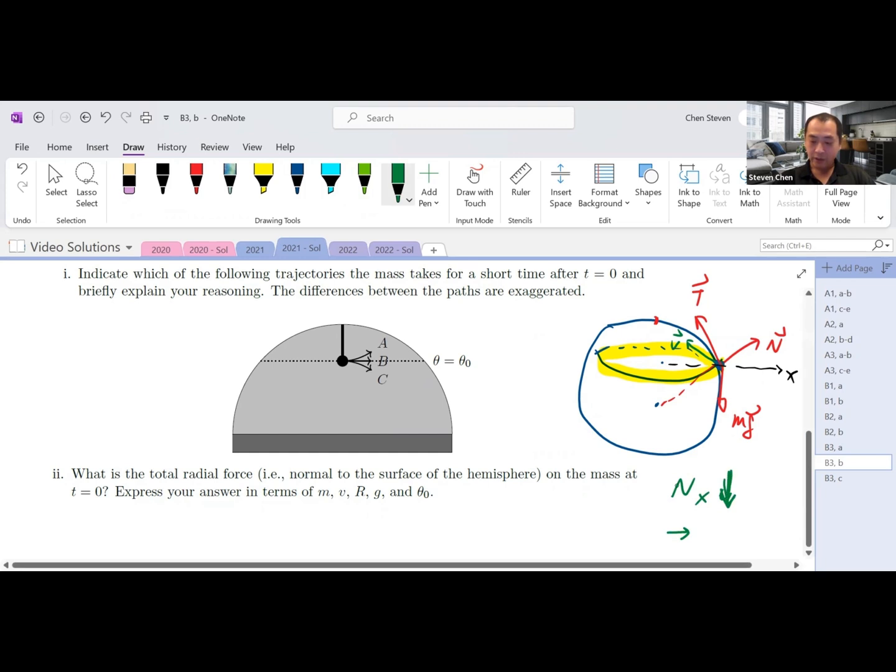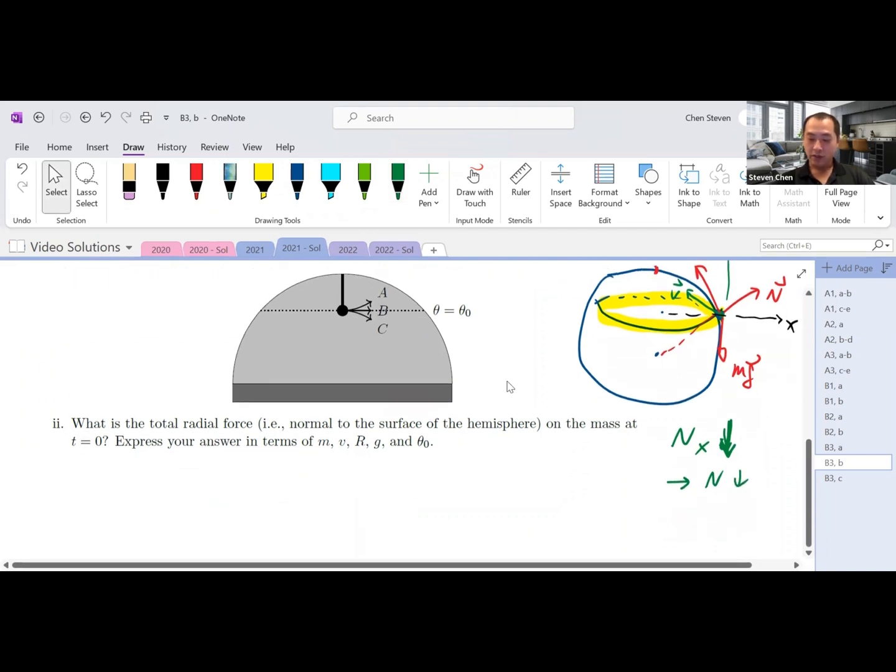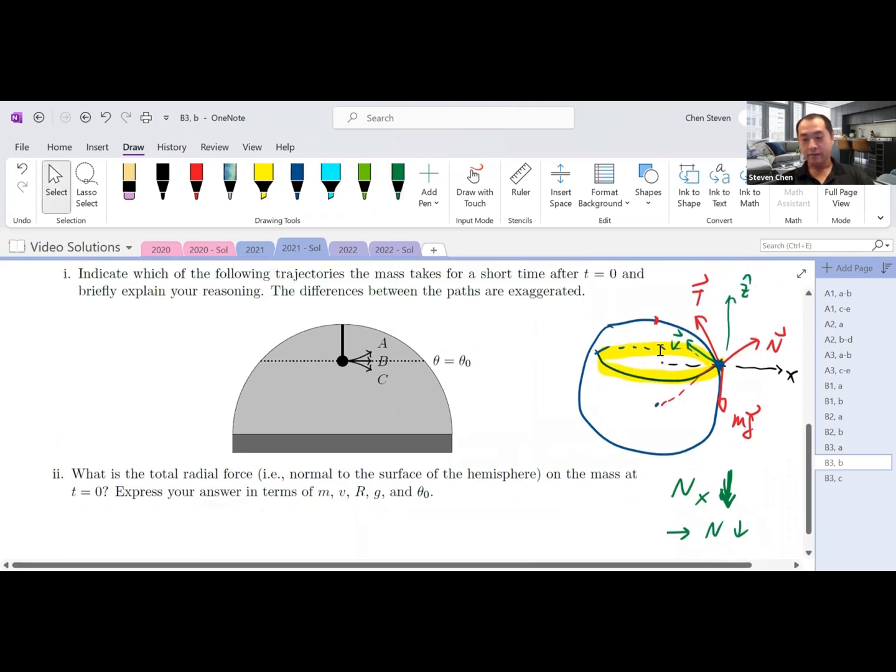Because the direction of the normal force hasn't changed, and let's say this is the z direction, this is due to the change of the magnitude of the normal force. And then we look at its z component. So the z component of the normal force goes down, right?